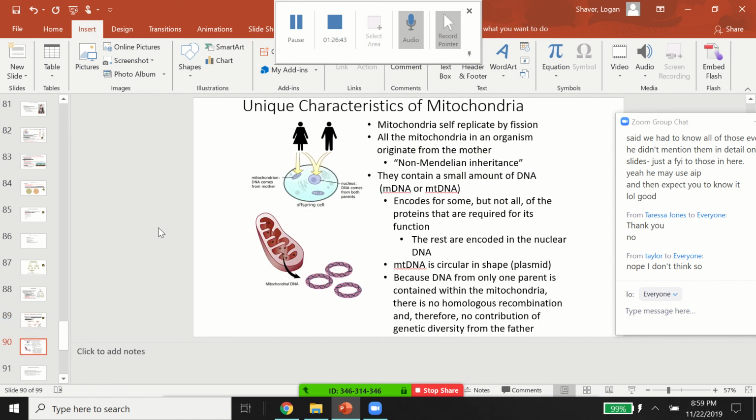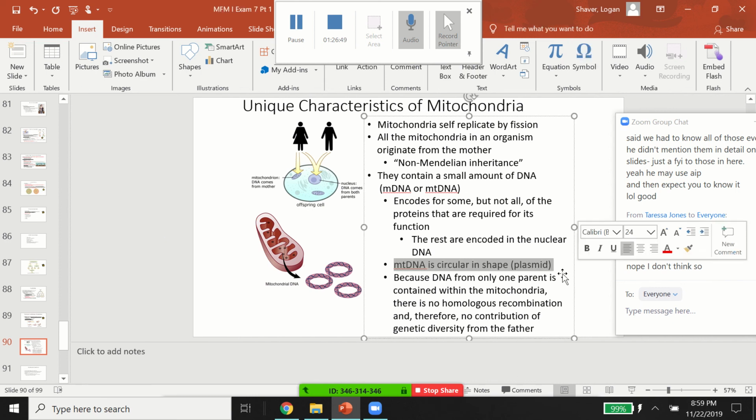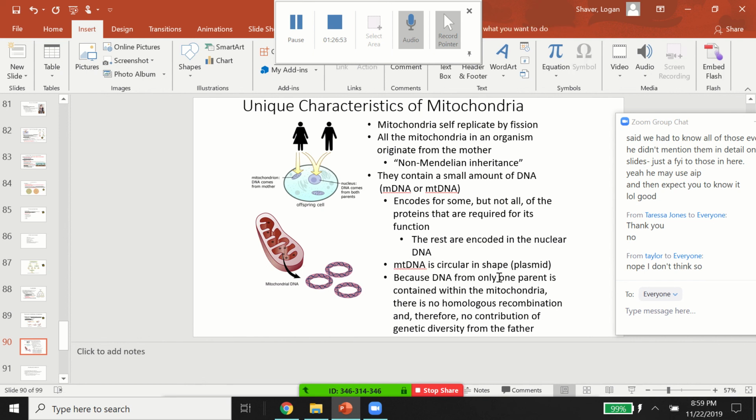Unique characteristics of mitochondria. The only reason I included this slide is to give you characteristics of what mitochondrial DNA looks like. It's circular in shape, so it's got a plasmid shape instead of regular DNA, which is a double-stranded helix, linear type thing. But the thing to know about mitochondrial DNA is that all of the mitochondria in an organism originate from the mother.